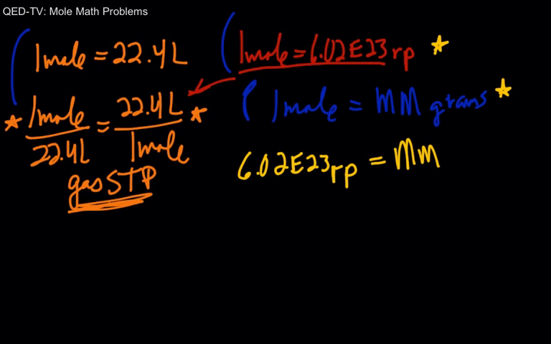So if I have that many representative particles, it'd equal the molar mass in grams. Or I could have this many particles equaling 22.4 liters if it happens to be a gas at STP. So I could actually just combine those.